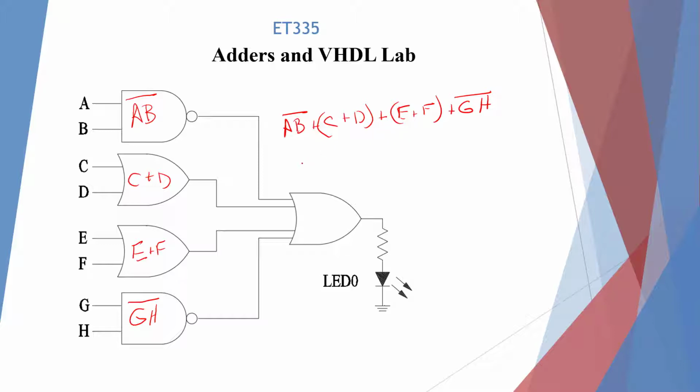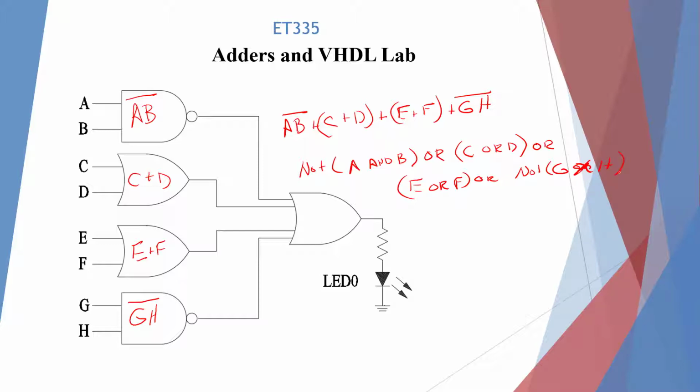VHDL. So we're going to have not A and B or C or D or E or F or not G and H. Okay, that would be and.